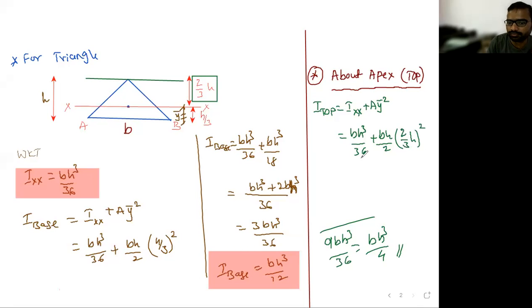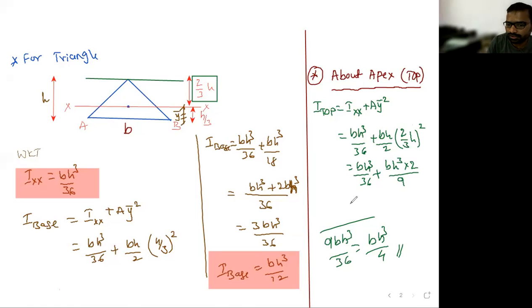That is squared. So bh cube upon 36 plus bh into h square. H square, that is h cube. This is 2 into 2, 4. 4 divided by 2 is there already, so I will take it is only 2, divided by 3, 9, correct.